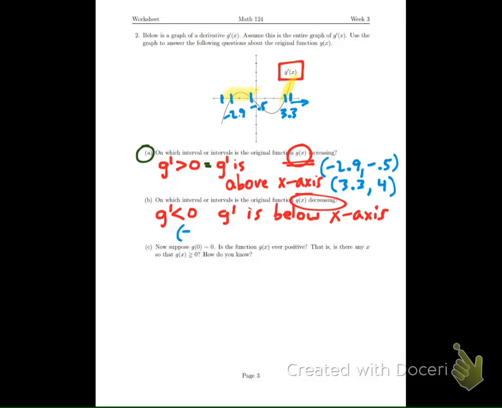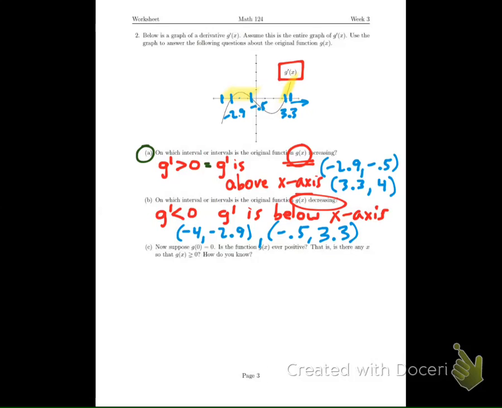Therefore, from negative 4 to negative 2.9, the graph of g prime is below the x-axis, and then from negative 0.5 all the way to 3.3, the graph of g prime is also below the x-axis. So there you go. That's when g of x is decreasing.